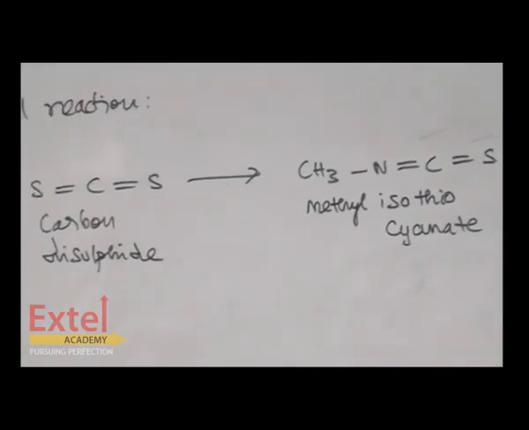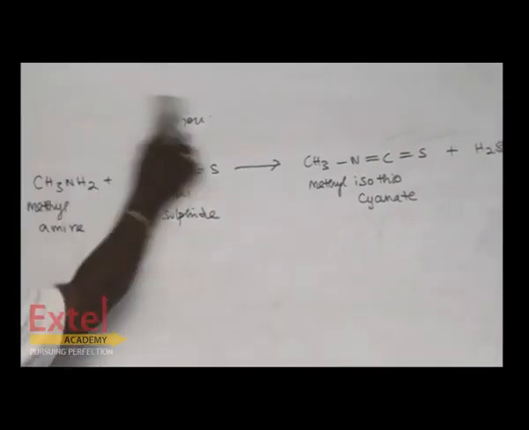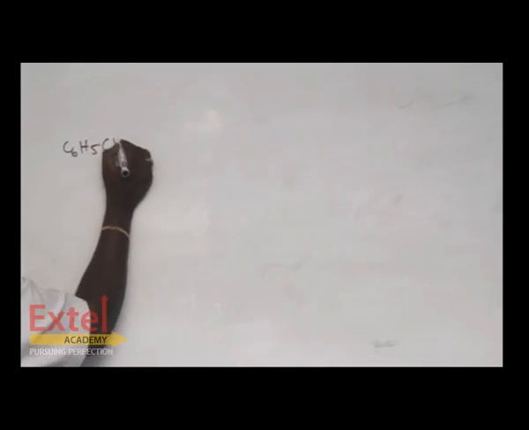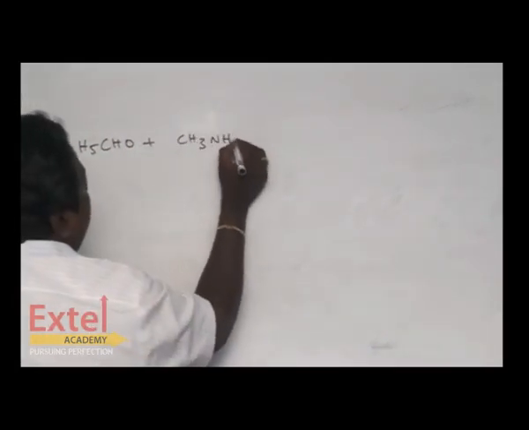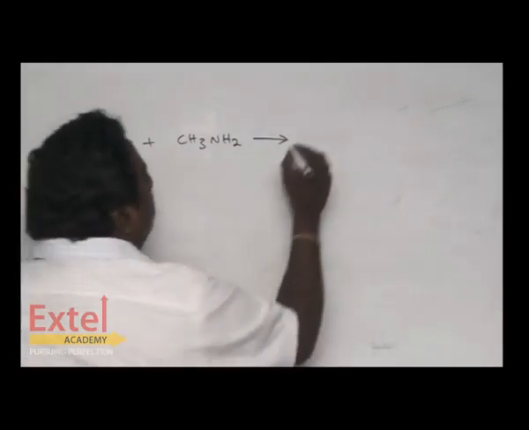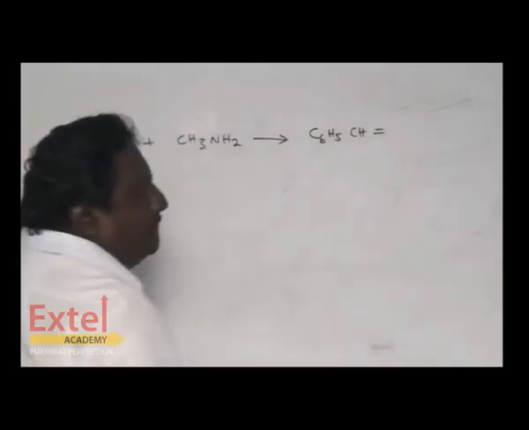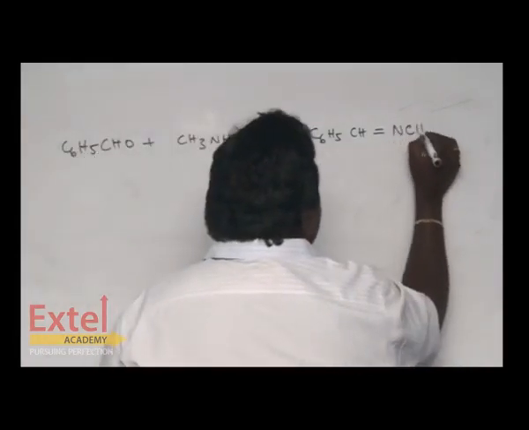Sometimes benzaldehyde reacts with methylamine. Benzaldehyde reacts with methylamine. While doing so, it is connected like this, N=CH.